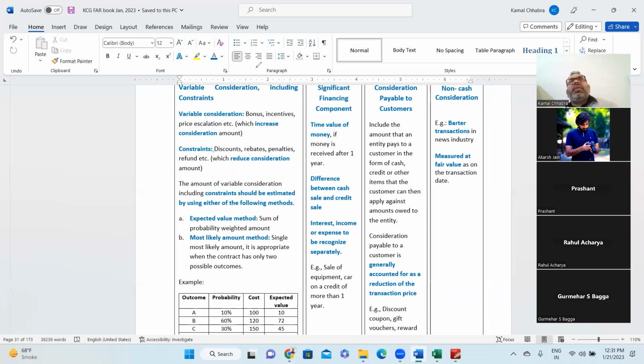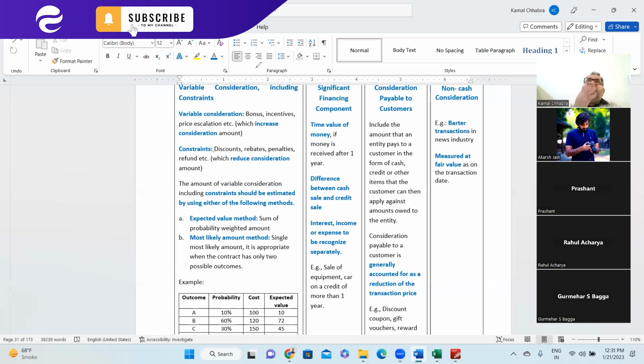For example, let's assume you are making big trucks, right? And you are selling that truck for cash at, let's assume, $100,000. But if someone takes that truck on finance, you sell it at $110,000.